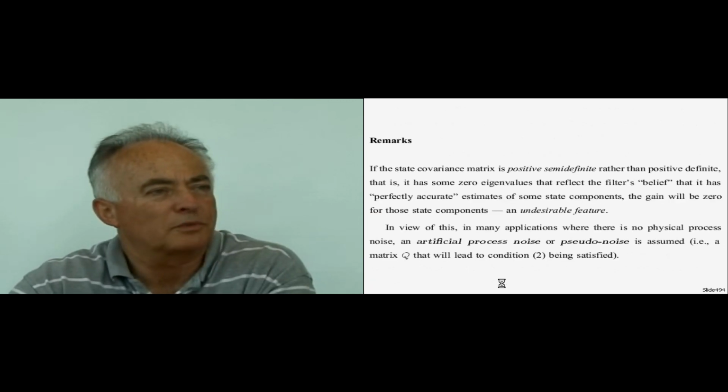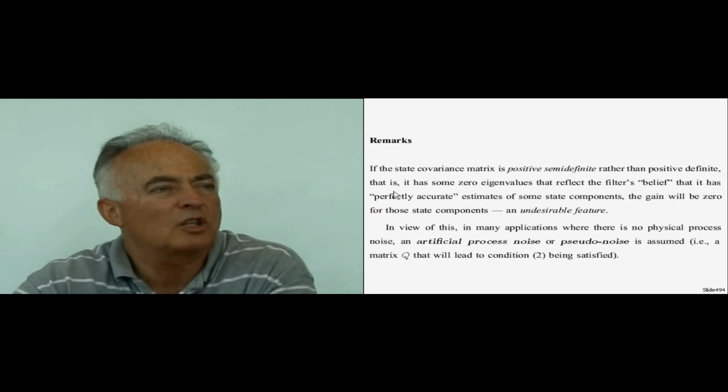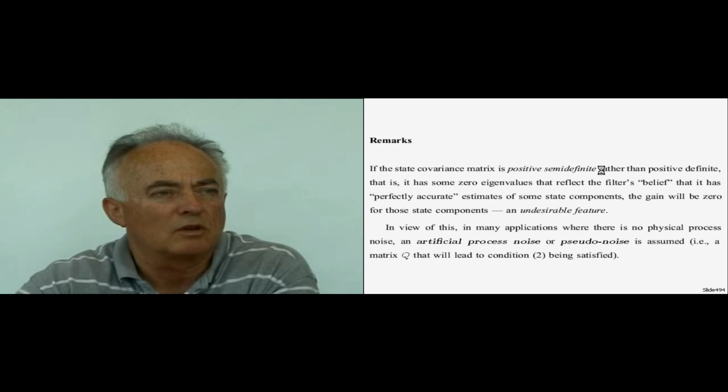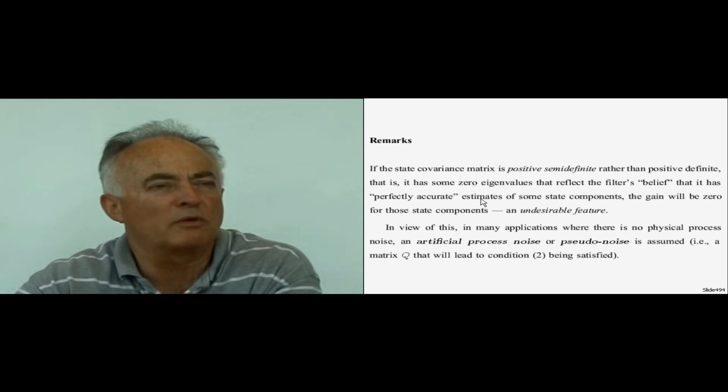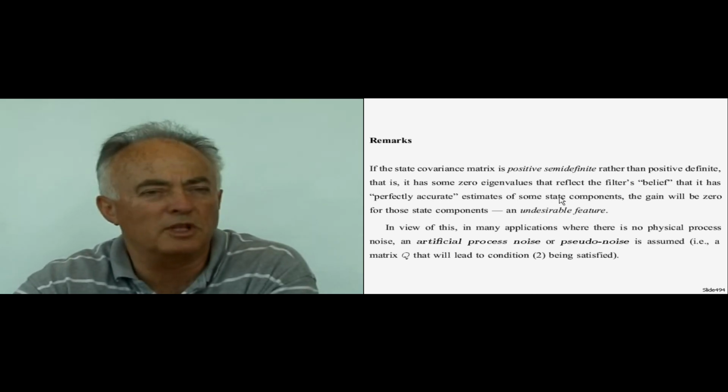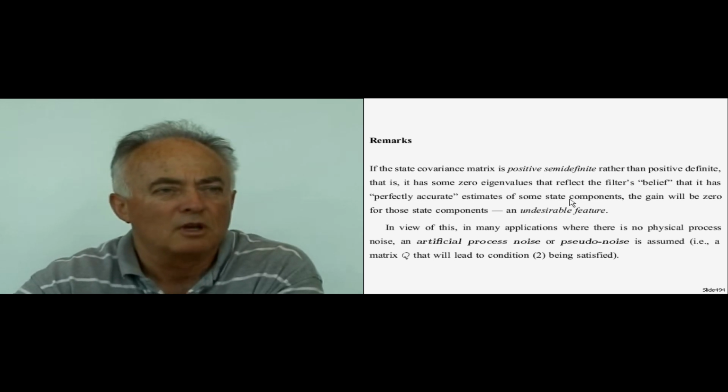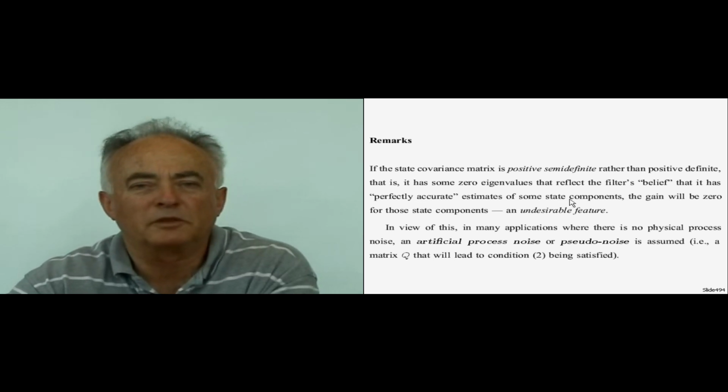A few more remarks. If the state covariance is positive semi-definite, what does that mean? It has zero eigenvalues. Then the filter believes it has a perfectly accurate estimate for some of the state components or some linear combinations of them. What happens when you have a perfect estimate?